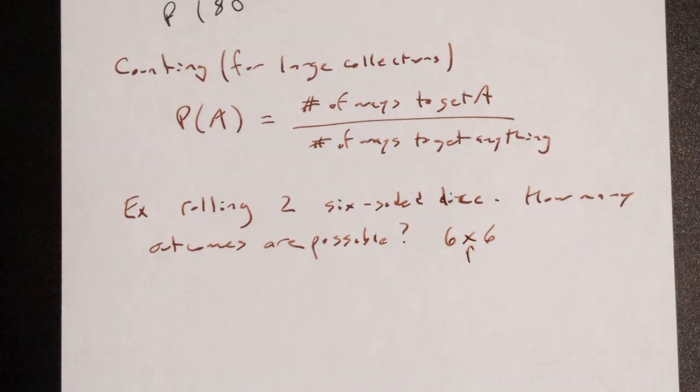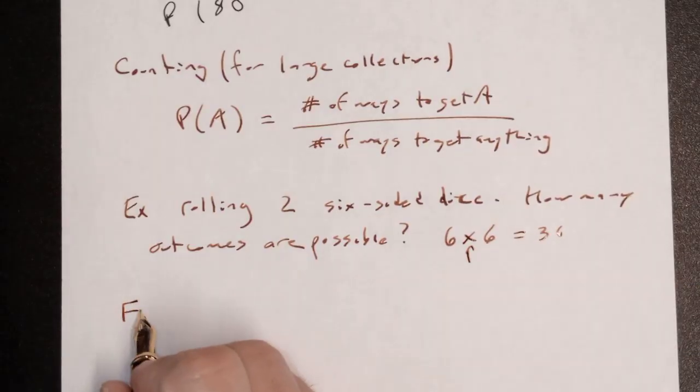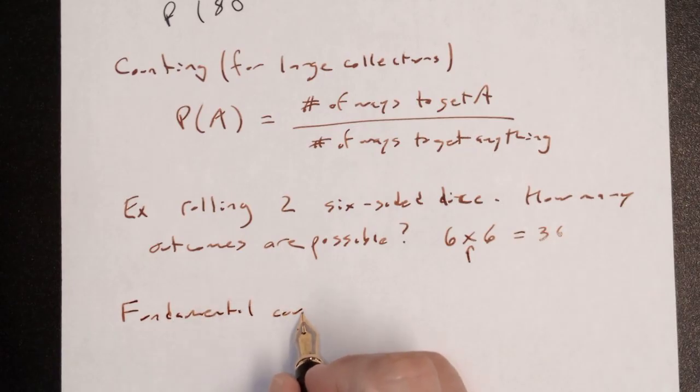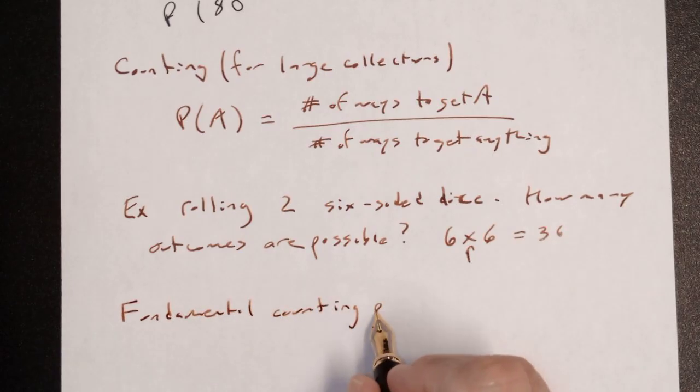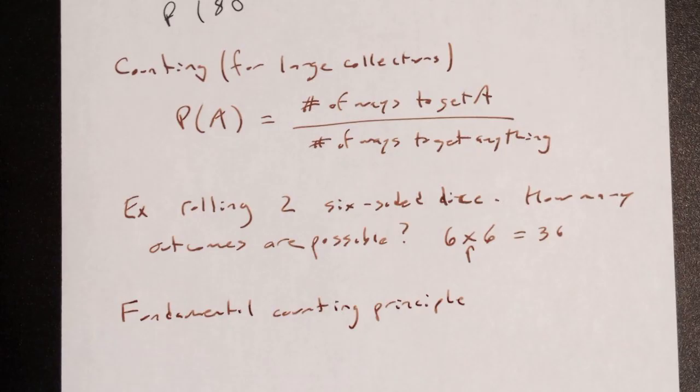But why multiply? It turns out that this is something called the fundamental counting principle. Or, to steal from a relatively easy name, I'm going to call it the multiplication principle.